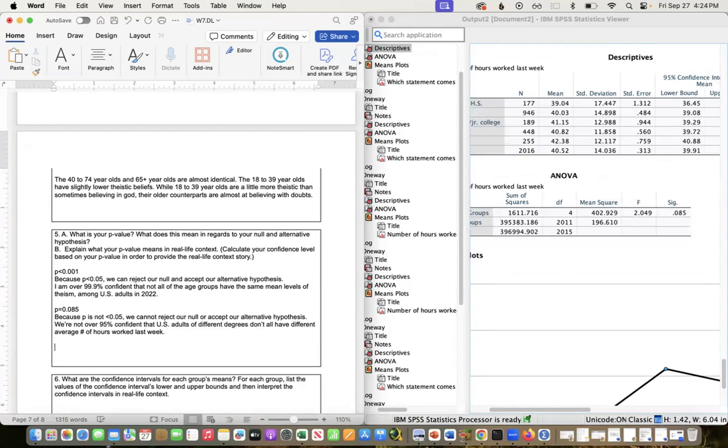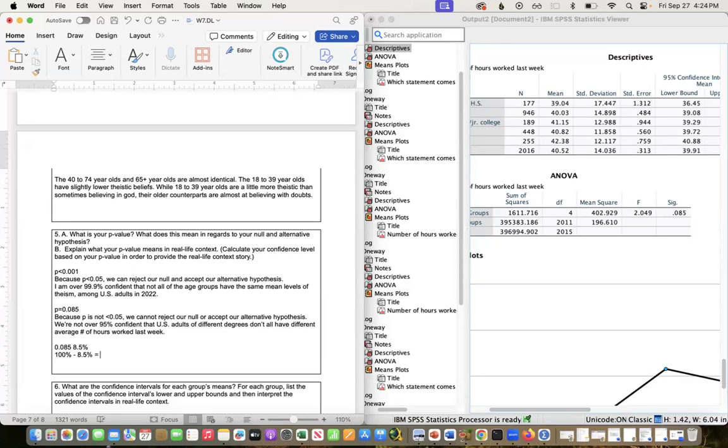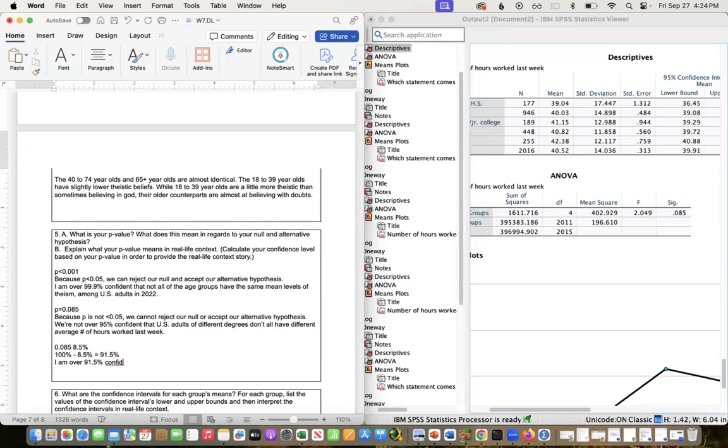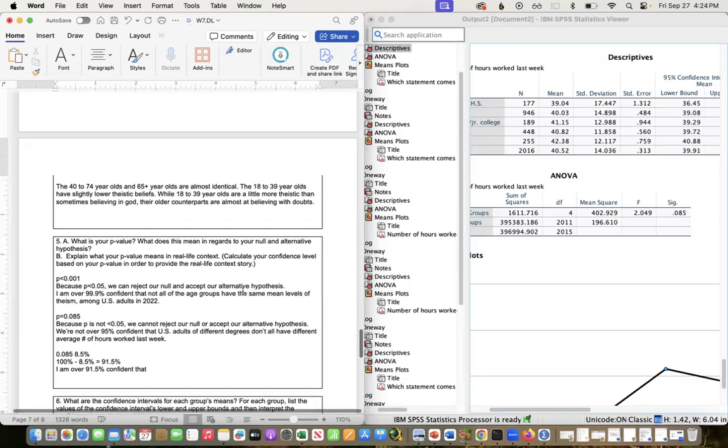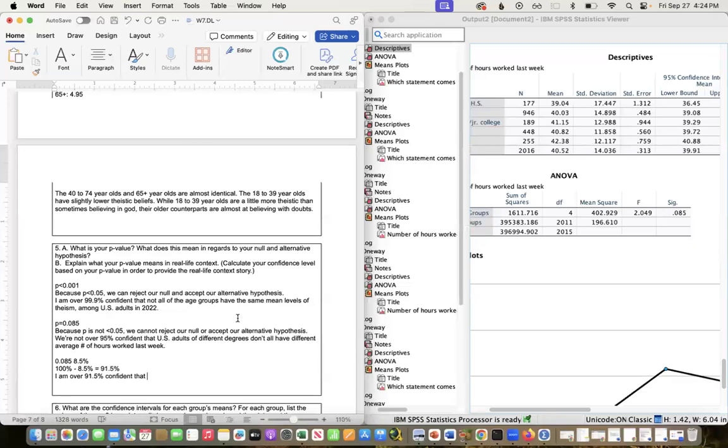So if you wanted to, you could decide if p is less than 0.1 to say, you know what, we have some evidence to reject our null. If I want to calculate this, 0.085 is 8.5%, right? I'm just moving the decimal over twice or multiplying this by 100. And so I do 100% minus 8.5%, and that would give me 91.5%. And so I am over 90% confident, and that's where I would go to my alternative hypothesis, right?